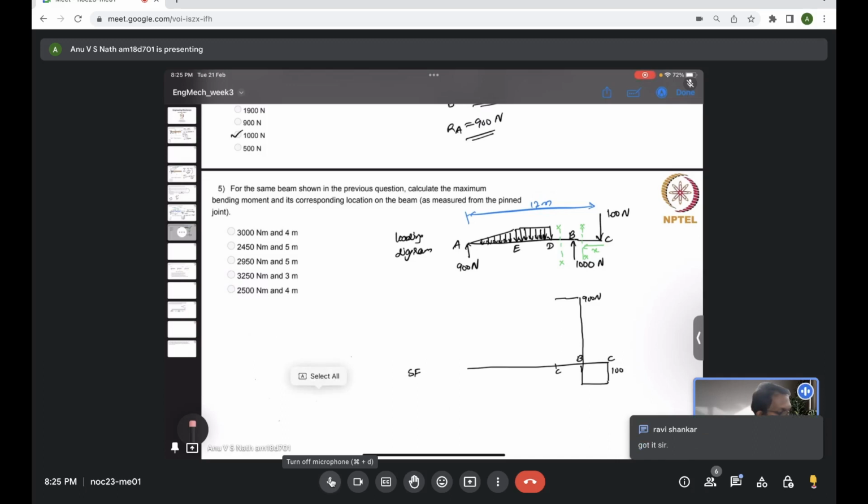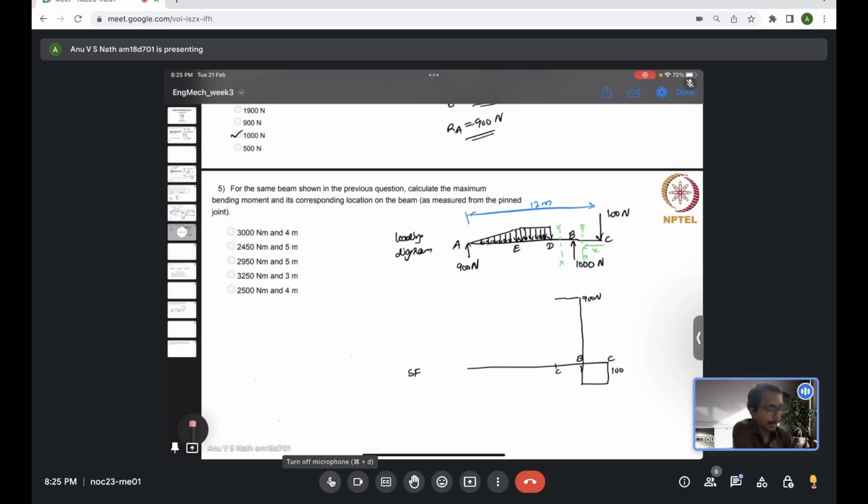Good. So here what we are doing is plotting a shear force diagram, showing how the shear force is distributed across the beam. We will start with some end, at point C, which is at the right hand end of it. We can start from the left end also.